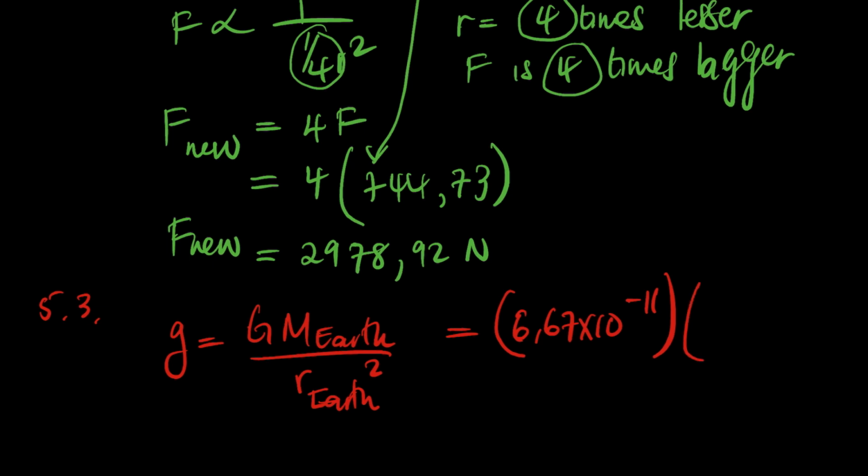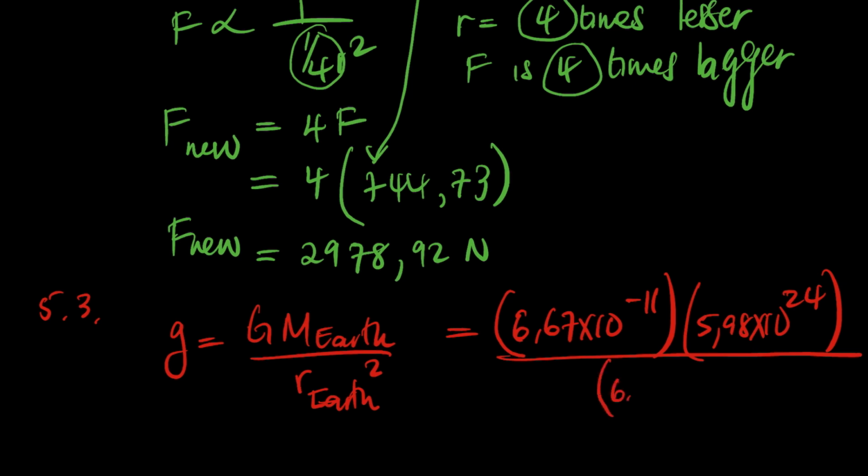You prove it with all the constants that you have in your data sheet. The mass of the Earth is 5.98 times 10 to the power 24, and we divide by the radius of the Earth, 6.38 times 10 to the power 6, squared. If you punch that in your calculator, you have 9.8 meters per second squared. That's the gravitational acceleration of planet Earth.